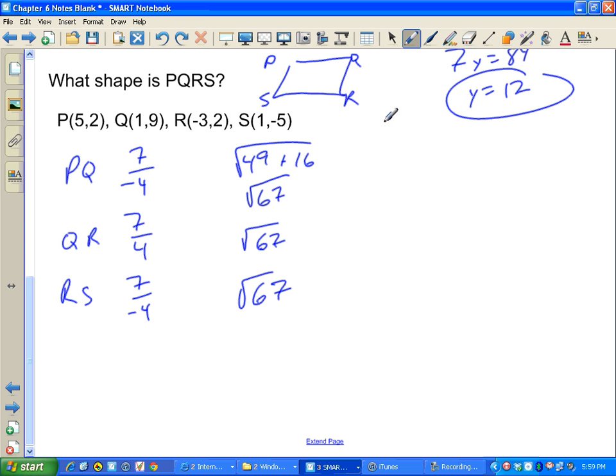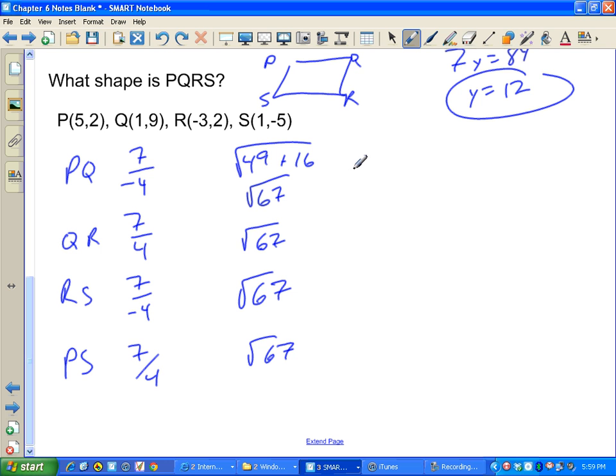And since this side is square root of 67, I already know that PS is also going to be square root of 67, because parallelograms have opposite sides that are congruent. Opposite sides are also parallel, so I already know that this is going to be 7/4. So actually I have a rhombus, because I have all 4 sides congruent.